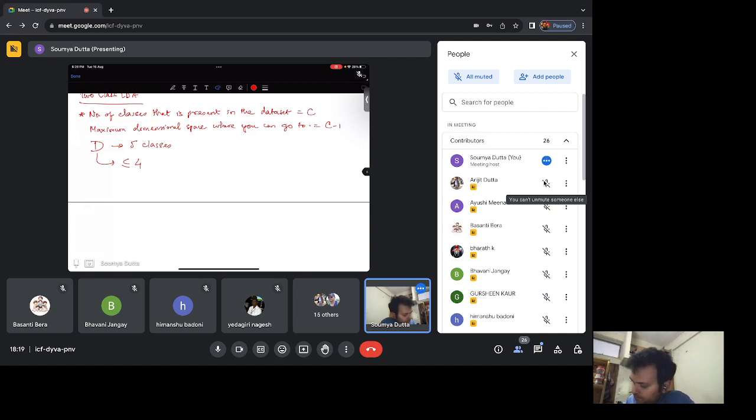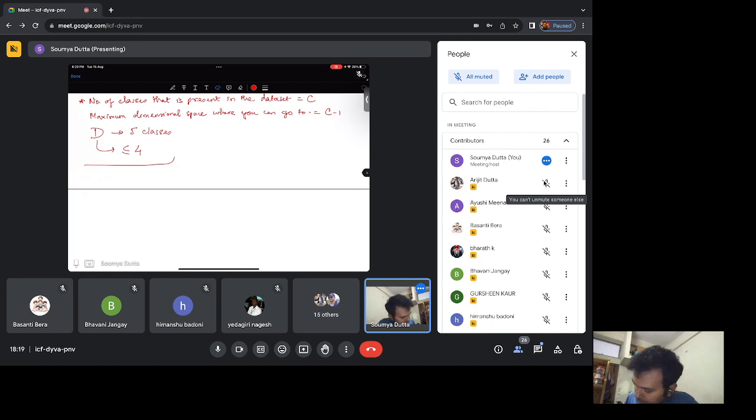Okay, so let's say I have n data points. I have points x1, x2 up to xn. Out of these n data points, there are n1 data points which belong to class 1 and n2 data points which belong to class 2, right?